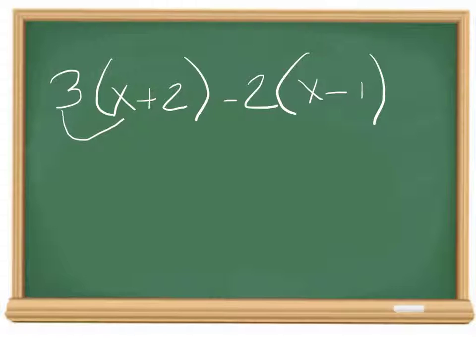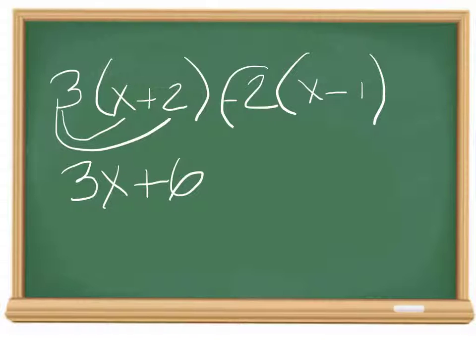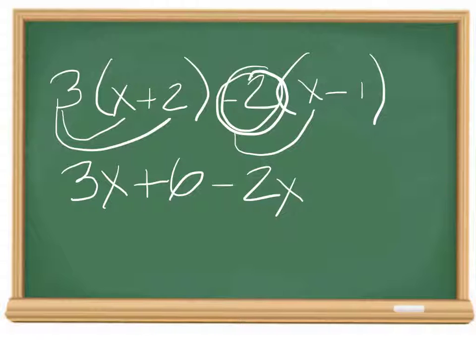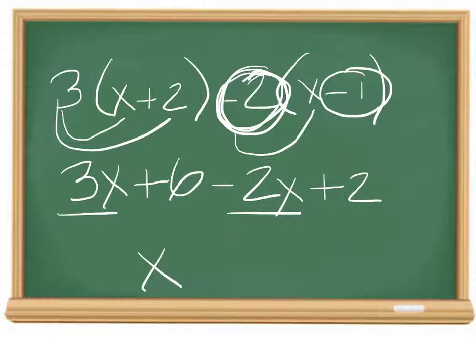You multiply 3 by x to get 3x, and 3 by plus 2 to get plus 6. Minus 2 times x is minus 2x, and minus 2 times minus 1 is plus 2, double negative. 3x minus 2x is 1x. 6 plus 2 is 8.